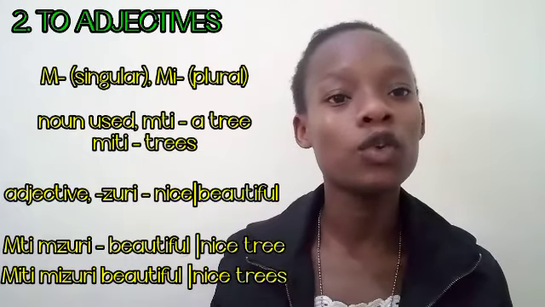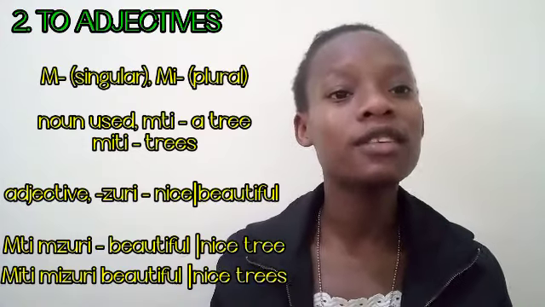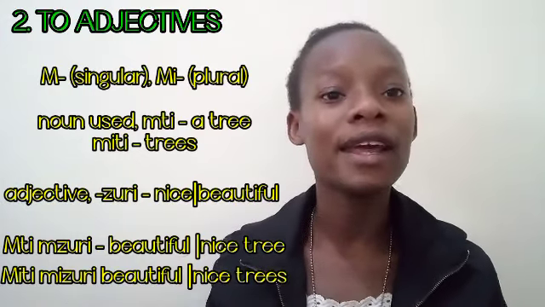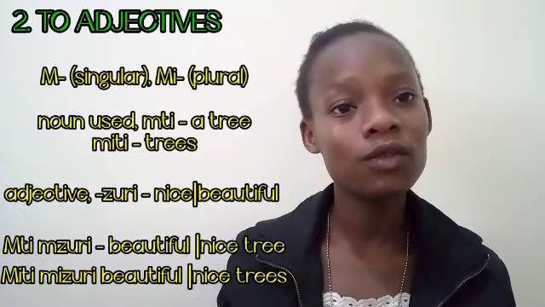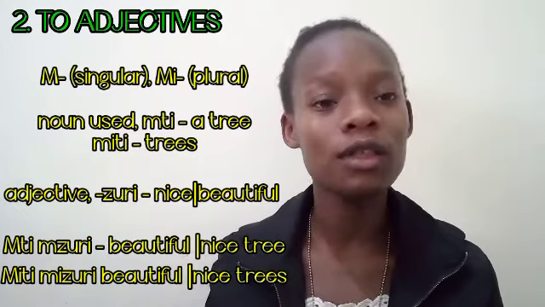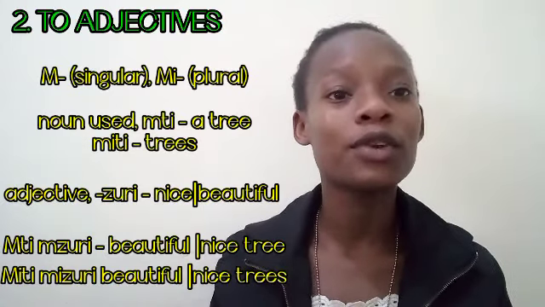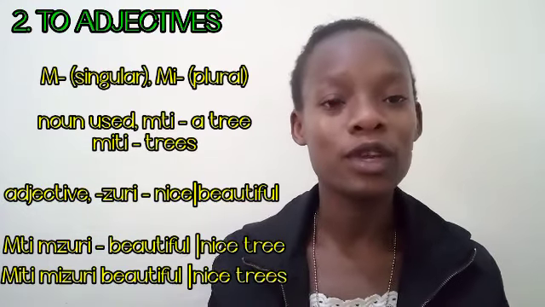For example, when you want to say a nice tree or a beautiful tree, you will say mti mzuri. You have to prefix an M to zuri. And how do you know which prefix to use? Because of the noun classes.